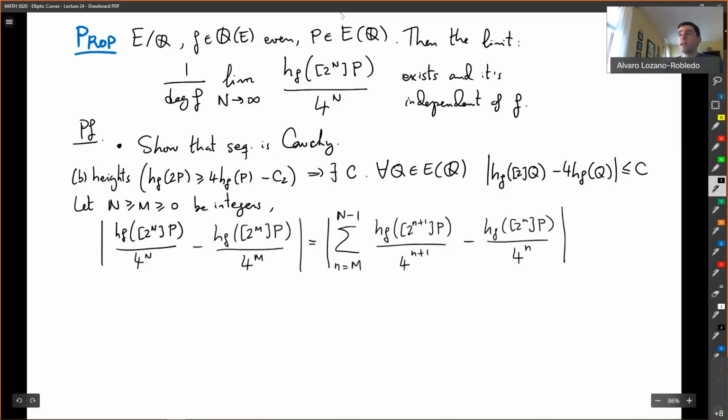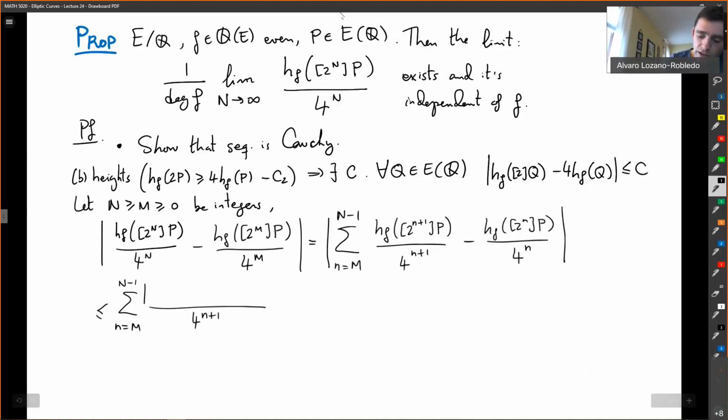Now, this is less or equal to, using the triangle inequality, the sum, where the absolute value is just going to be in the numerator.